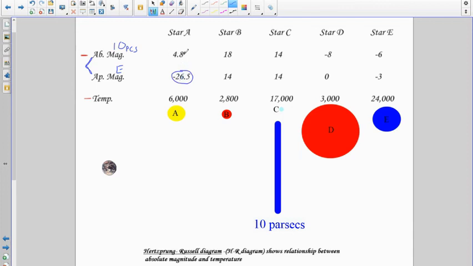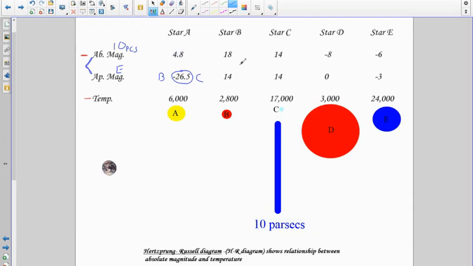The absolute magnitude is actually kind of dim, a 4.8. So I can identify that the star appears to be brighter because it is closer than 10 parsecs. So I know that star A is closer than 10 parsecs because it appears brighter than it actually is.